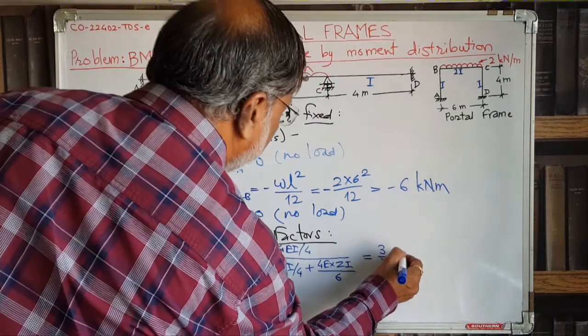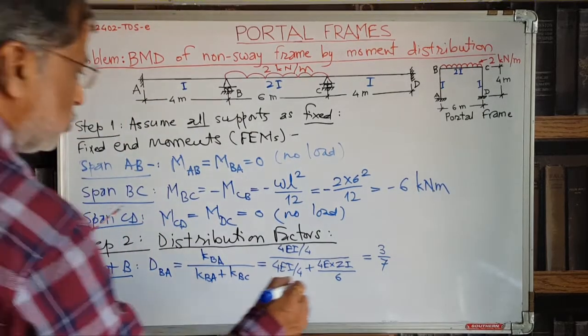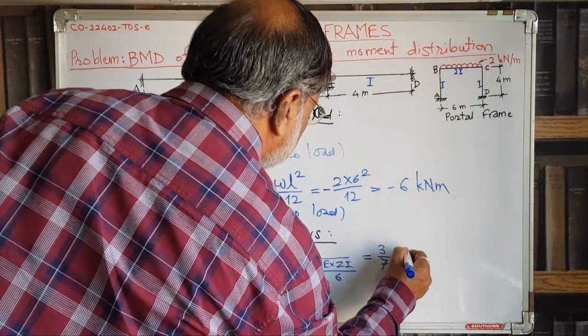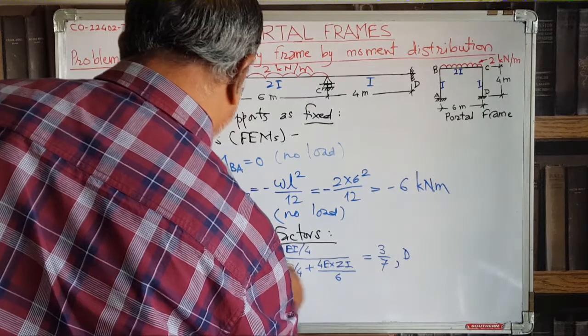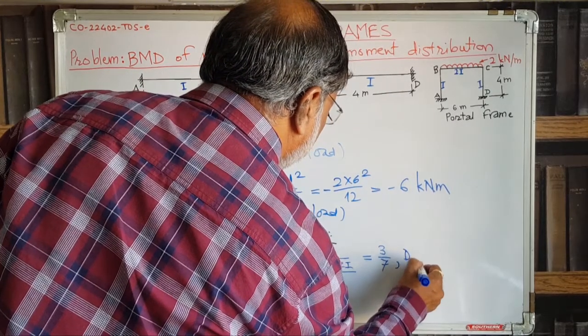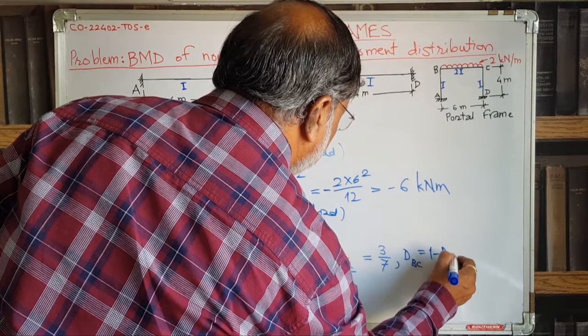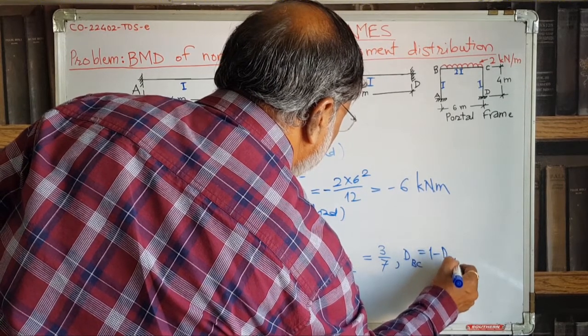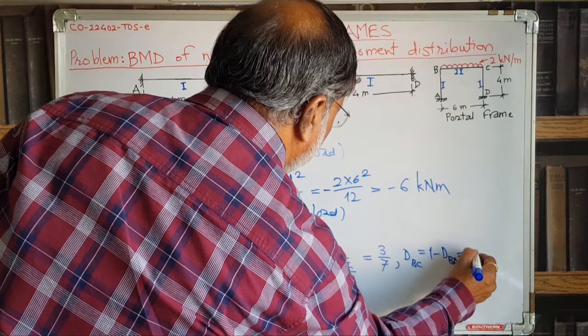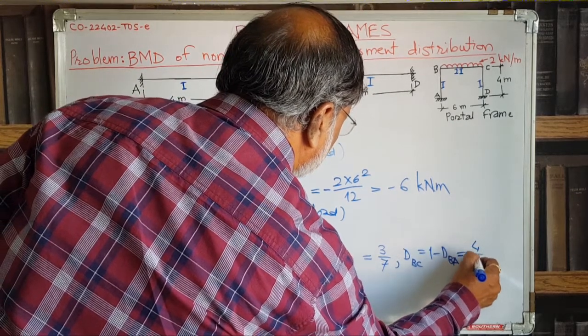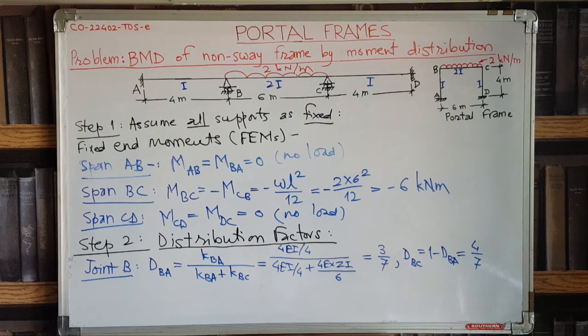3/7. So that the distribution factor DBC will be equal to 1 minus distribution factor DBA, and this will be 4/7. The other value will be 4/7.